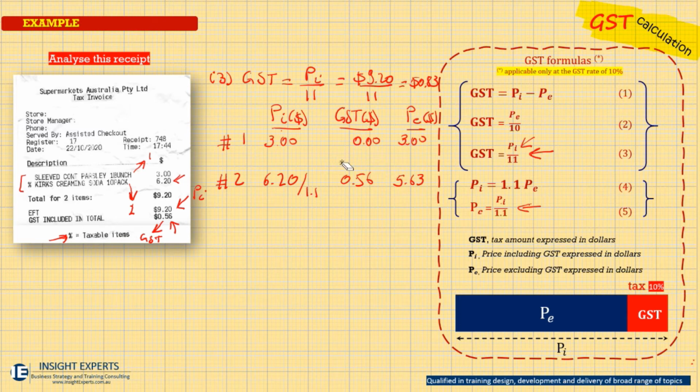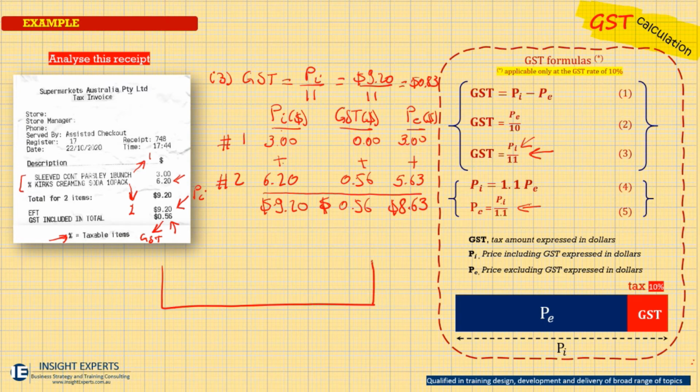All right. So in total is $9.20. The GST amount payable is 56 cents, and the price before GST would be equal to $8.63.